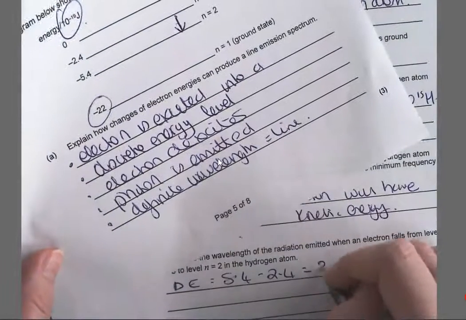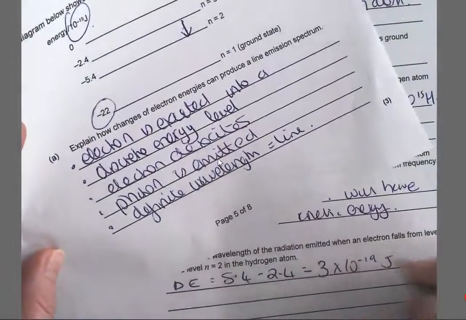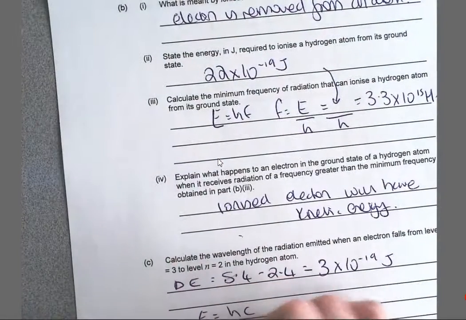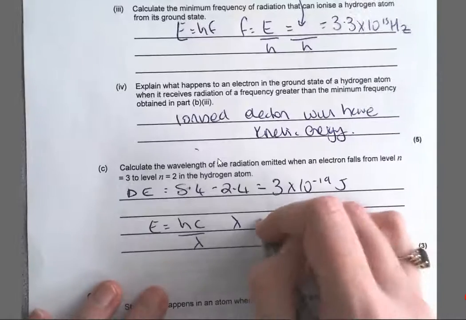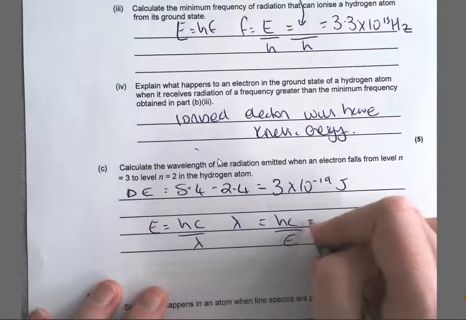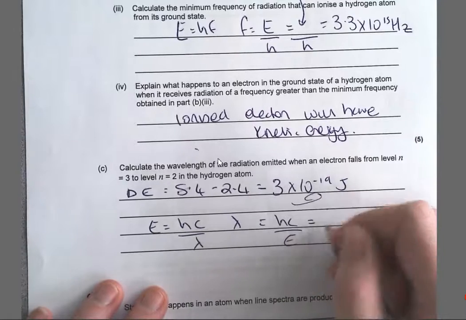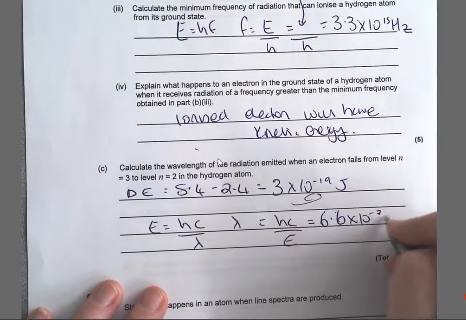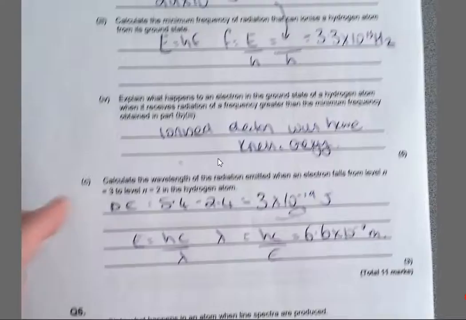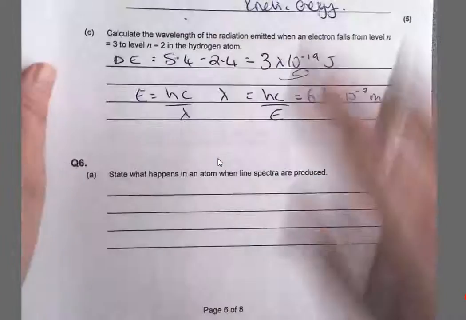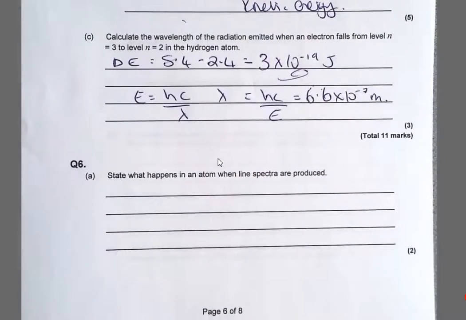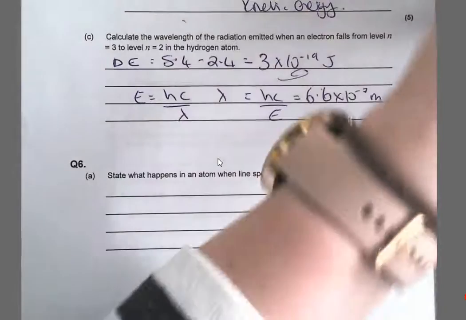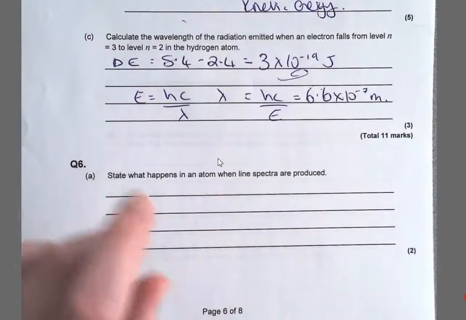So that is 3 times 10 to the minus 19 joules. Then you use E equals hc over lambda. You want lambda, which is hc over E, so that gives you 6.6 times 10 to the minus 7 metres. State what happens in an atom when line spectra are produced. It's the same answer as we've used before, so you can just copy those over.